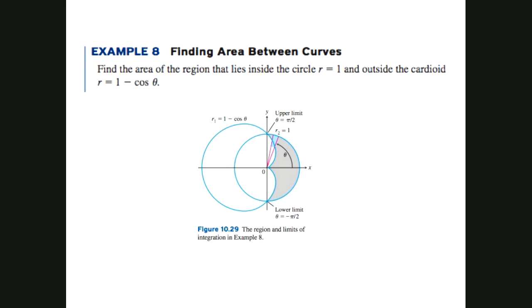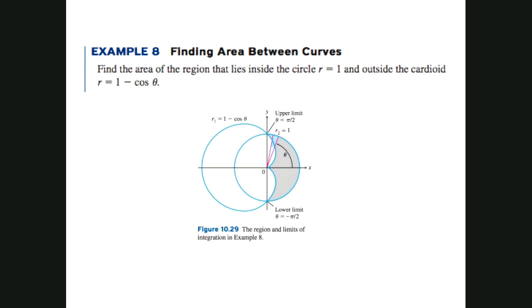Yes, because you have to remember, the lower bound always has to be the smallest value. So the lower bound better be negative pi over 2. The upper bound better be pi over 2. That is the only way it's going to work here. I agree with what you said there about what your integral was. There's no question, and let's take a look at the work that they had.